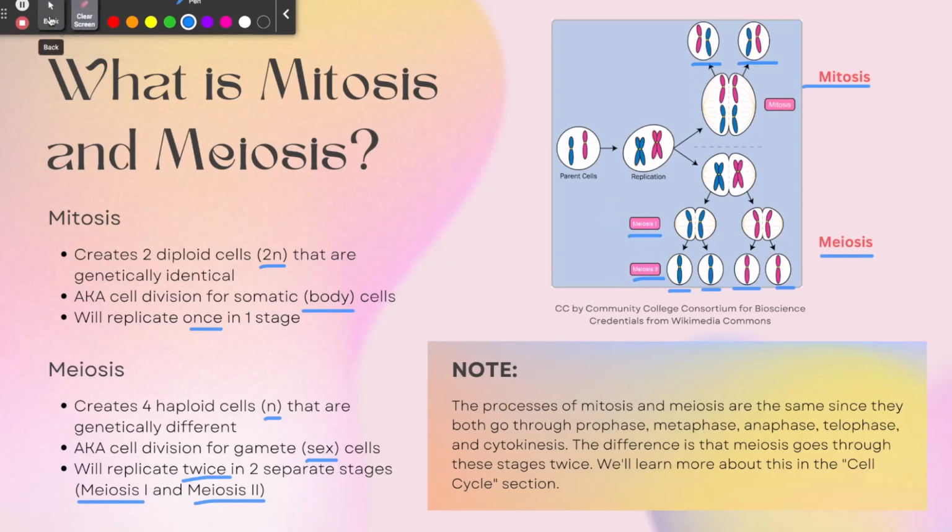With the notes here, I've put that the processes of mitosis and meiosis are the same since they both go through certain stages. Those stages are prophase, metaphase, anaphase, telophase, and cytokinesis. The difference is that meiosis goes through these stages twice. And we will learn more about this in the cell cycle section.